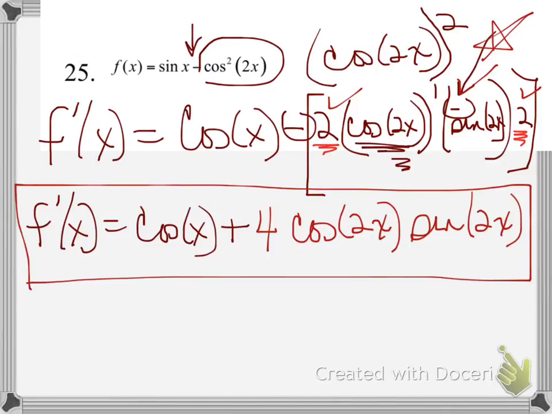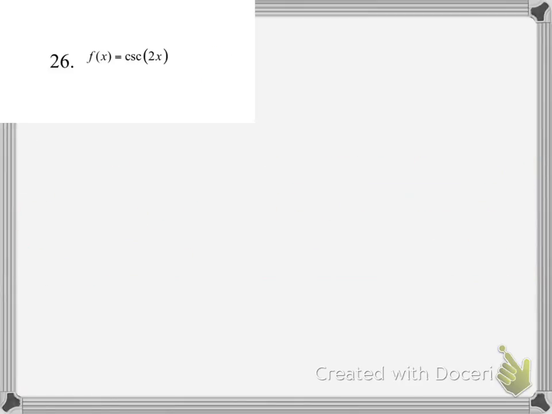Okay, let's go on to question number 26, which is the last trig question. Alright, in question 26, they ask you to take the derivative of cosecant. Well, you don't know the derivative of cosecant, so your first thing that you would do is make that 1 over sine 2x. So the 2x does not stay in the numerator, it comes along with the angle.